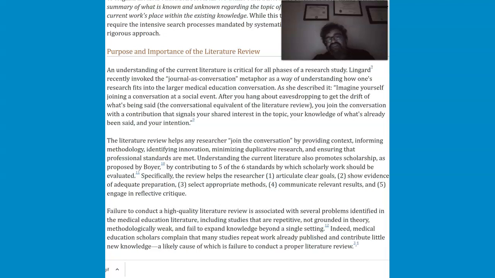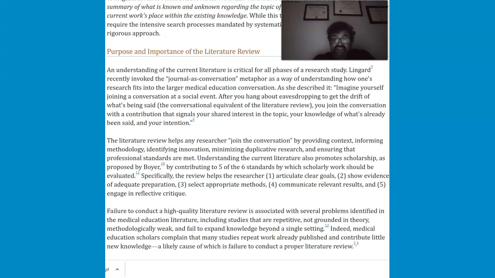So joining the conversation, but through the provision of context, information, methodology, informed methodology, identifying innovation, and minimizing duplicative research, and ensuring that professional standards are met. So there's minimum standards, rubric guides that we use at Walden University, but then these can be used in different ways.